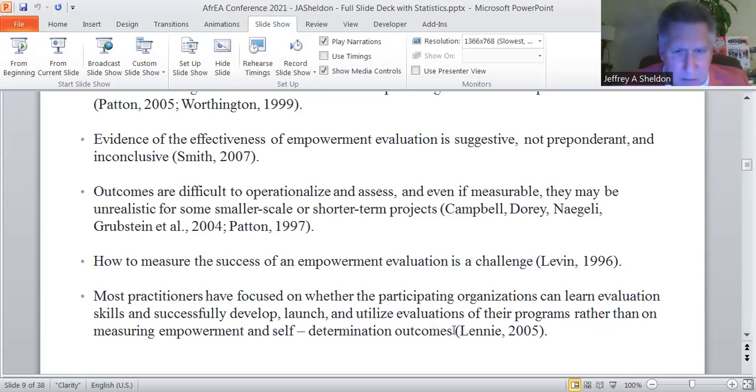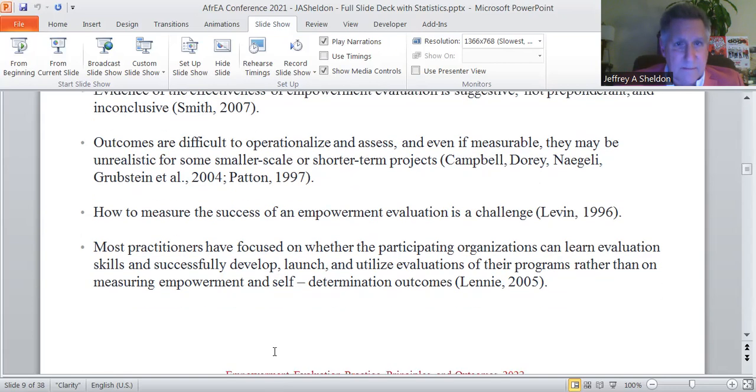So when you think about empowerment evaluation, and it's a practitioner-focused approach, most practitioners focus on whether the organizations and the people involved can learn evaluation skills and successfully develop, launch, and utilize their own evaluations of their programs, rather than on measuring empowerment and self-determination outcomes, which speaks to the idea that it's hard to operationalize empowerment and self-determination as you're conducting an empowerment evaluation.